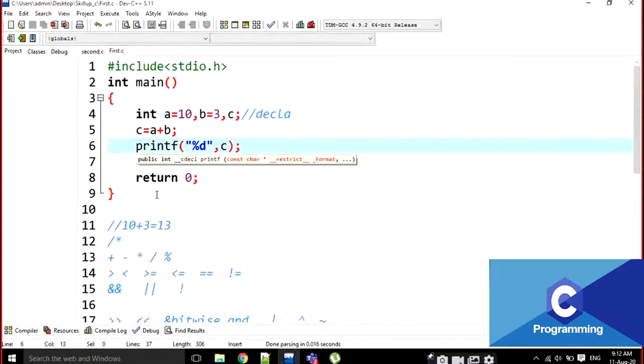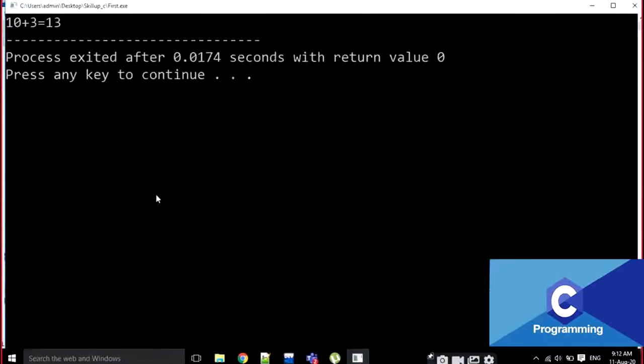I am going to print 3 values, that means three %d. First one is A, second one is B, third one is C, that is the result. And I am going to write plus and is equal to here. Just look at it now: 10 plus 3 is equal to 13, like this.